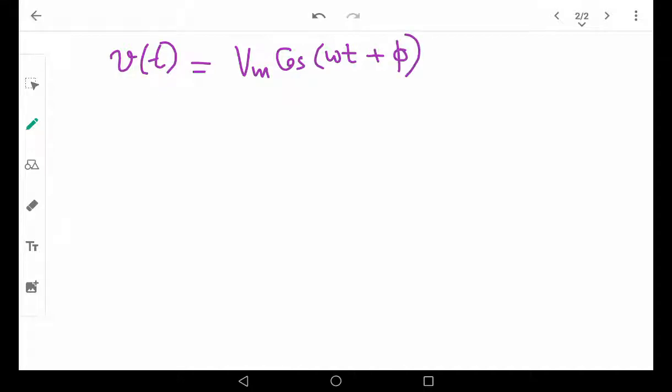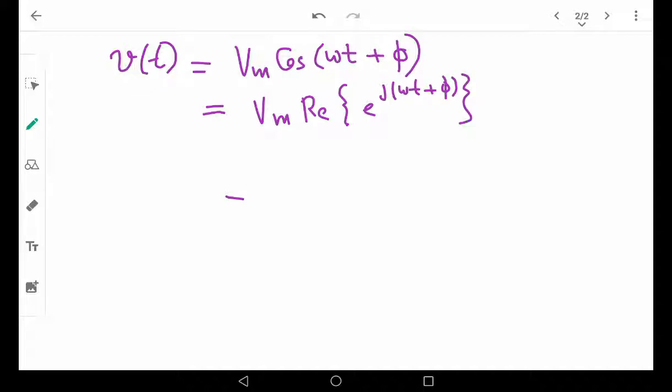You know from the previous section that cos omega t is the real part of e raised to j omega t. So using that identity, you can write this as Vm times the real part of e raised to j of omega t plus phi.